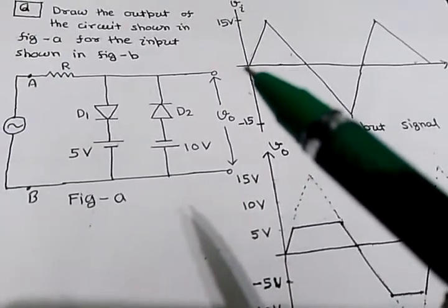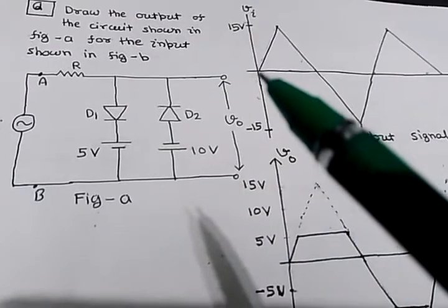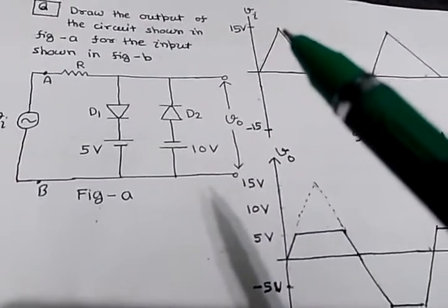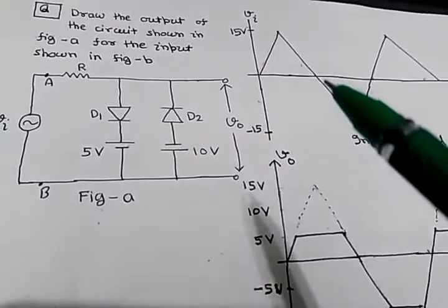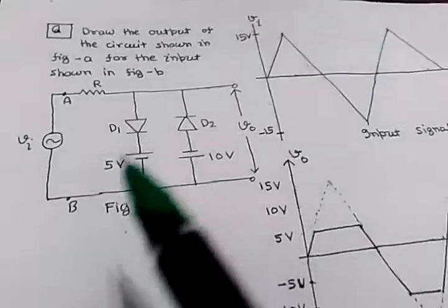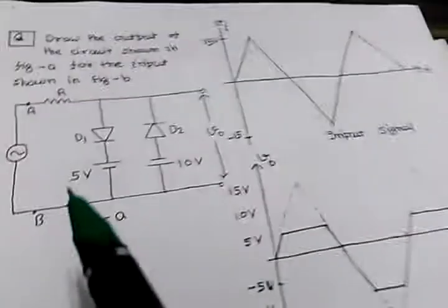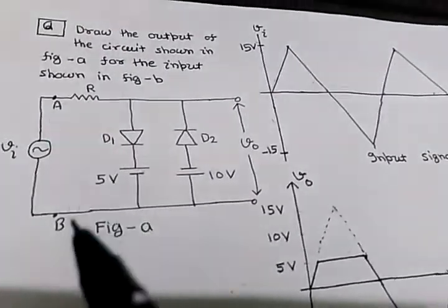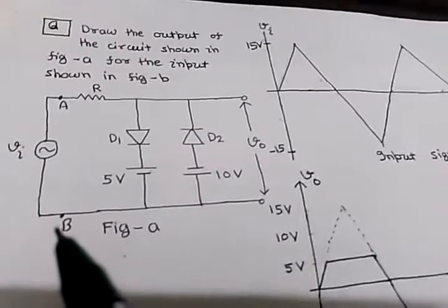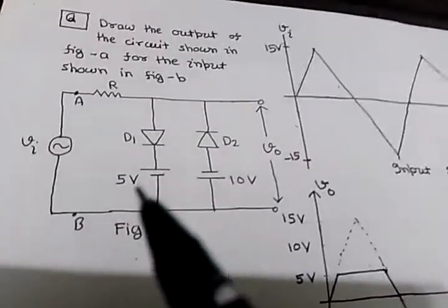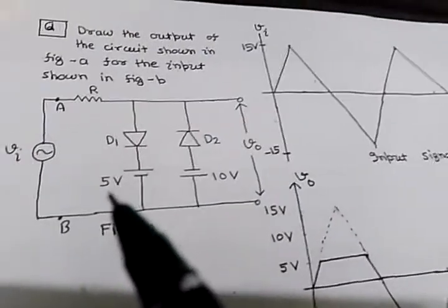In the positive half cycle, the input signal increases from 0 to plus 15 volt, then decreases again from plus 15 volt to 0. Suppose that in the positive half cycle, terminal A is positive with respect to terminal B, and our input signal is less than 5 volt.